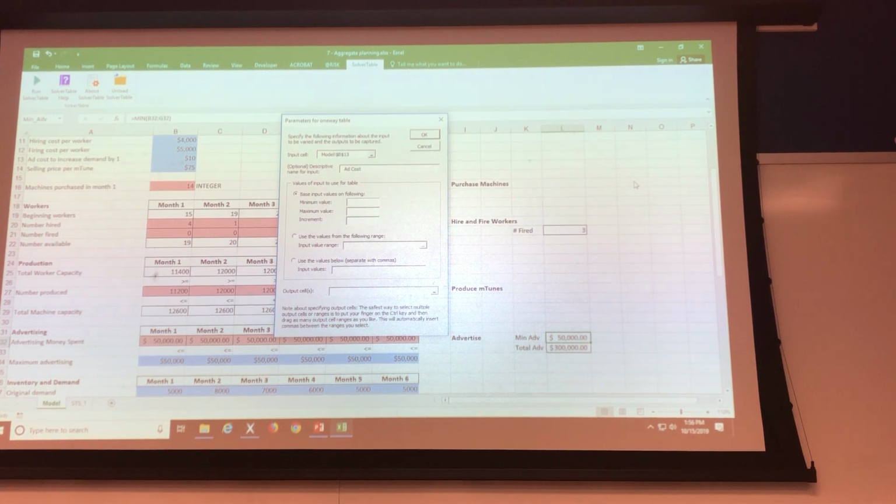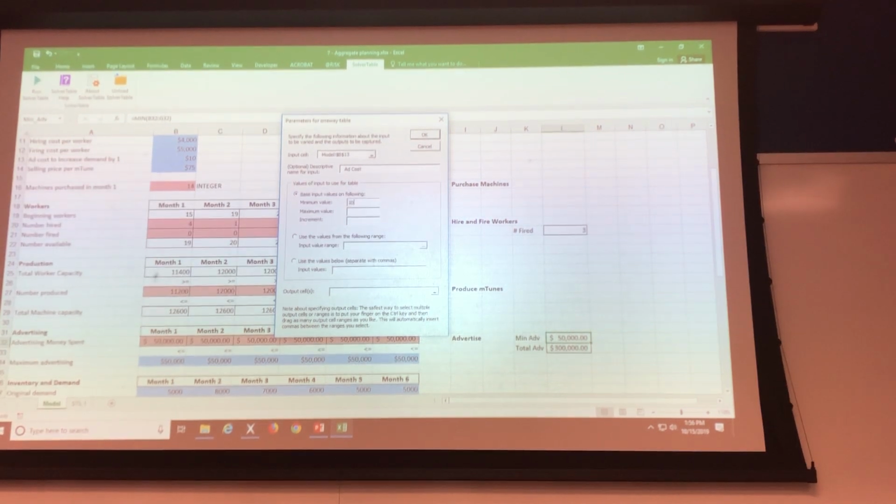What's a good starting point here? For the parameters for varying this, what would be a good minimum starting point? Yeah, 10.